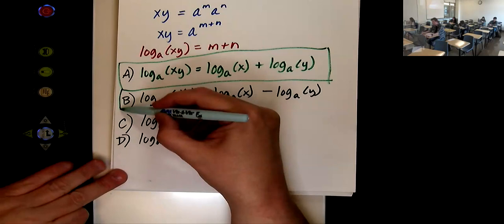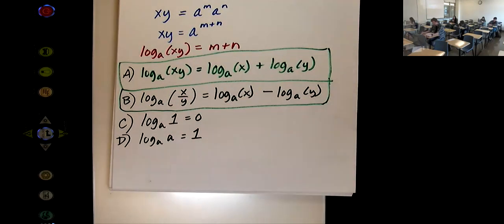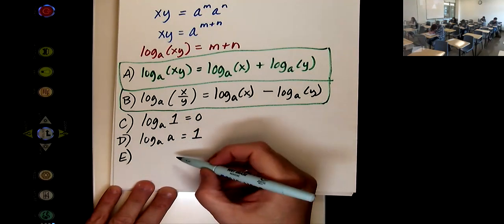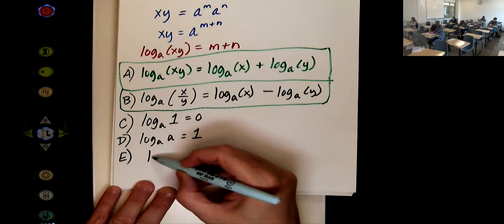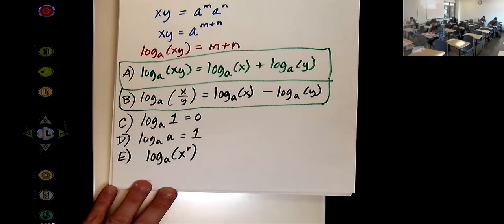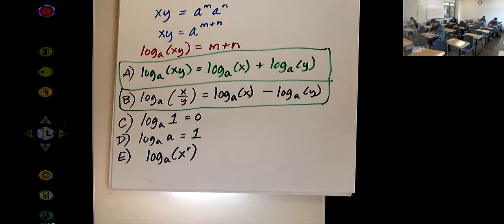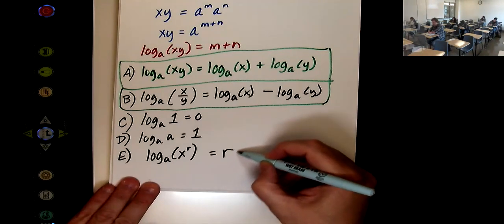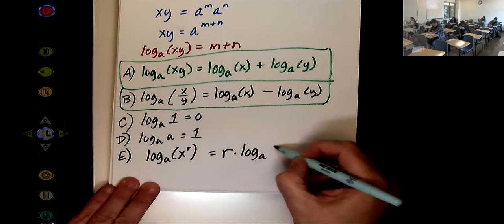And for ones like C and D, if you just rewrite them in the other form, it falls out directly. There's no work involved in finding C or D. The one that's a little more non-intuitive is that if I have log base a of x to the r, the r can come out front: r times log base a of x.